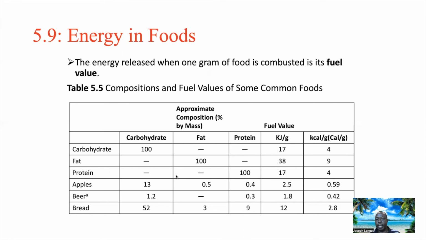Or if you are asked to calculate in kilojoules, it is 17 kilojoules per gram for carbohydrates, 38 kilojoules per gram of fat, and 17 kilojoules per gram for protein. So depending on the nature of the problem, please learn how you may be given the values, all right?